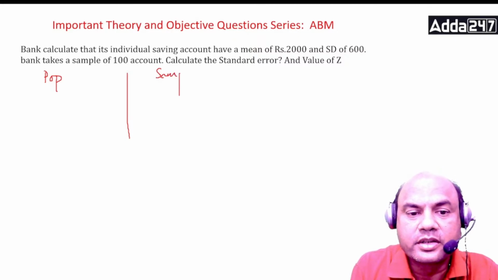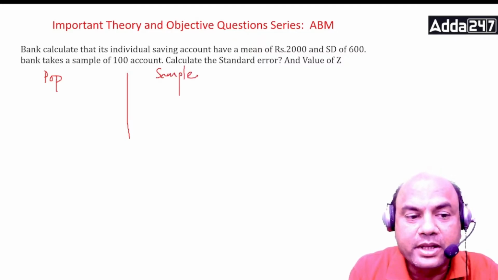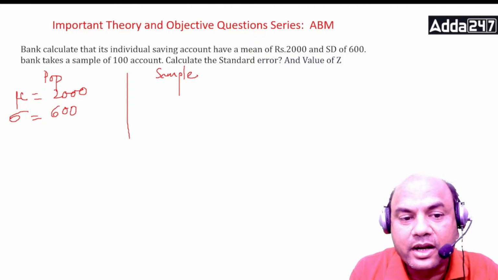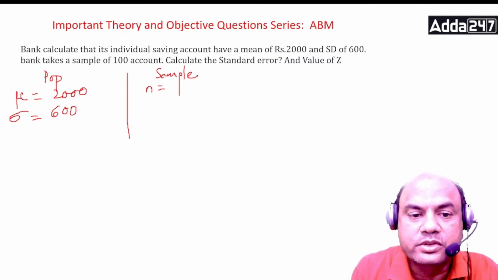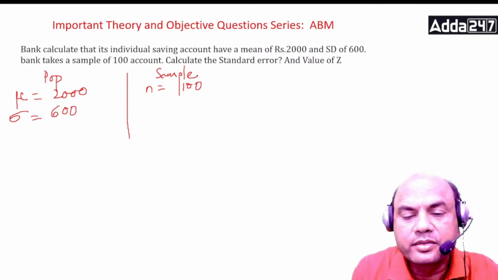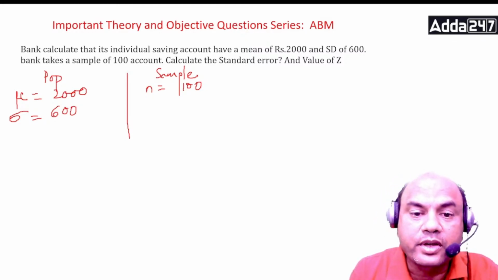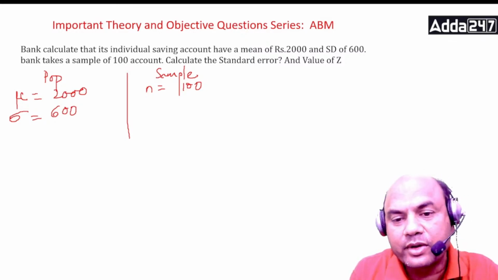In the population, the mean is given as mu equals 2000. Standard deviation is given, sigma equals 600. Then a sample of 100 is taken, so small n equals 100. Got it? Now you have to calculate the value of standard error and value of Z.